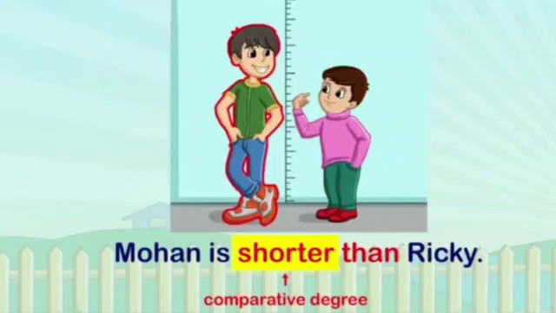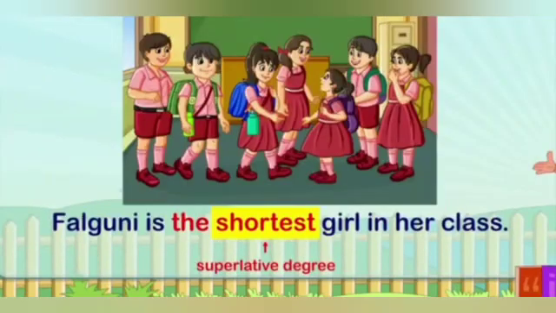And Poonam is the shortest girl in her class. Here you can see we used than for the comparative degree and the for the superlative degree.